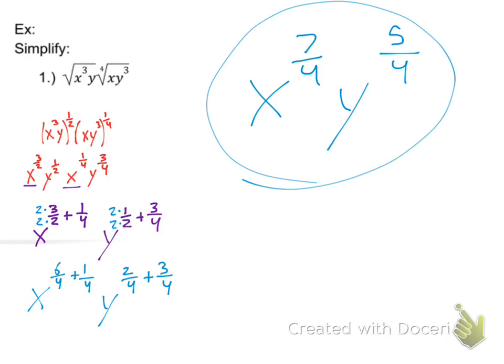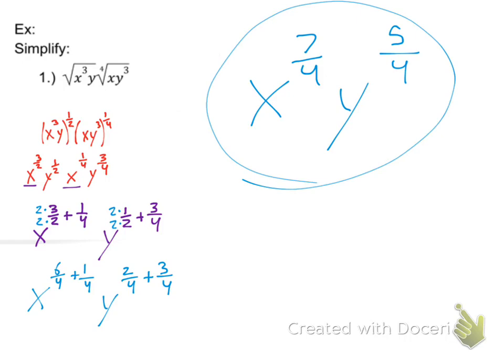Now, I could ask you to put that back into radical form as well, right? But is everybody with me getting this into exponent form and I can combine them up? What would this look like in radical form? Ready?